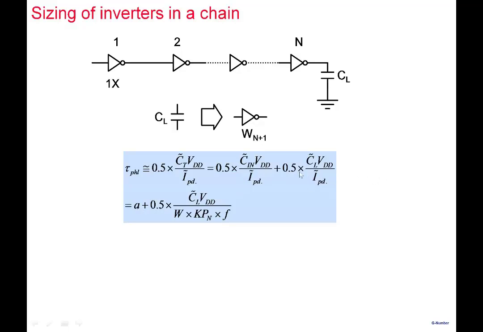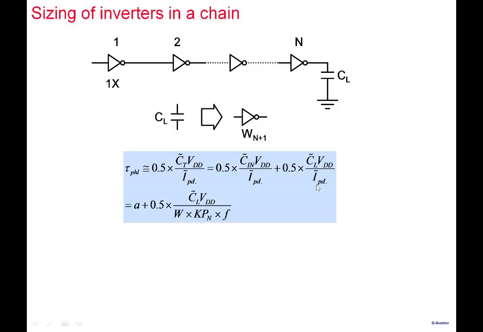Okay, next part, 0.5 CL VDD by I pull down. Now I pull down, if you recall, depends on the current of, let's say, the NMOS. When I'm talking about W and all that, we are talking about the size of the NMOS, because the size of the PMOS would be twice as large as the size of the NMOS in all cases here.